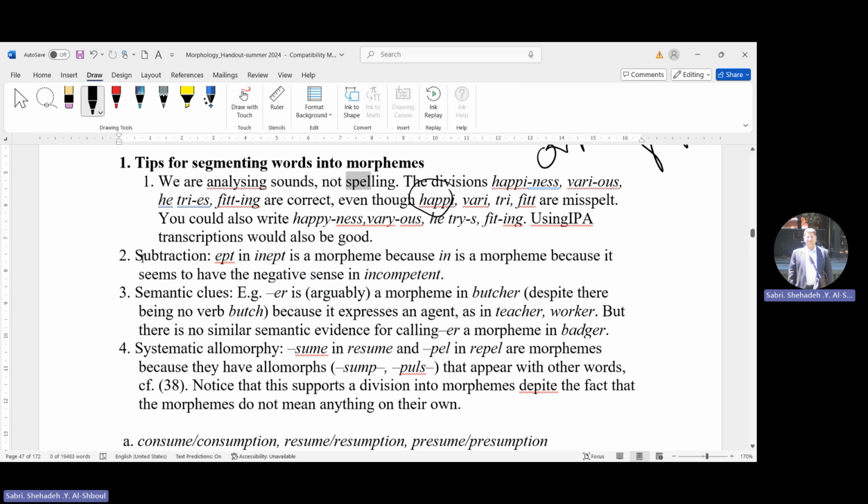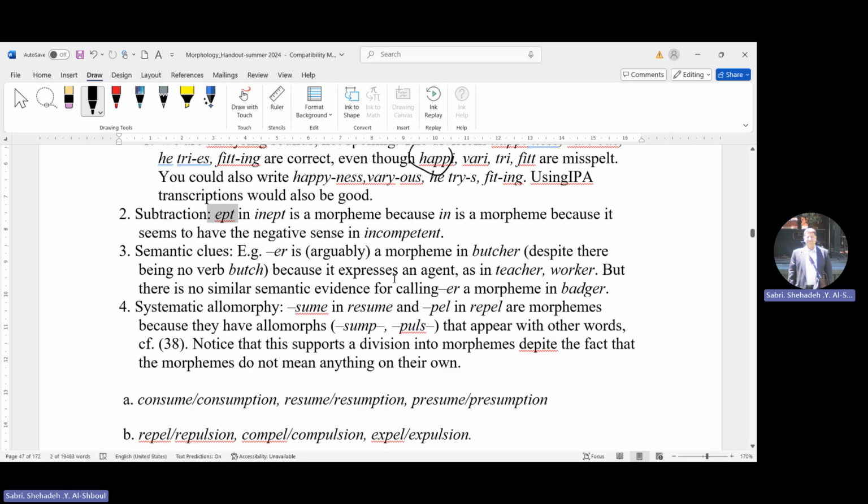As when we talk about the subtraction, ept and inept, right? Is a morpheme because in is also a morpheme. It seems to have the negative sense of incompetent. So the same here.